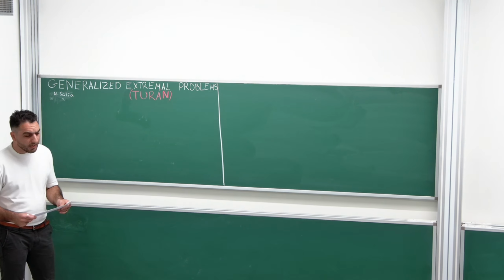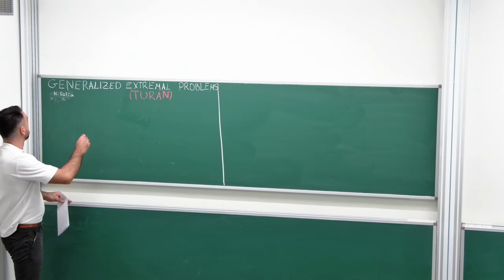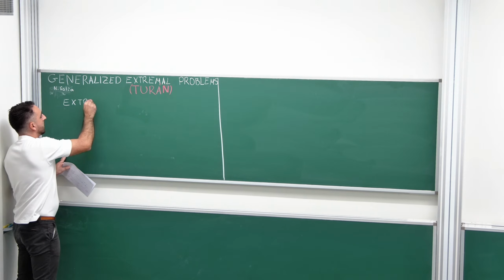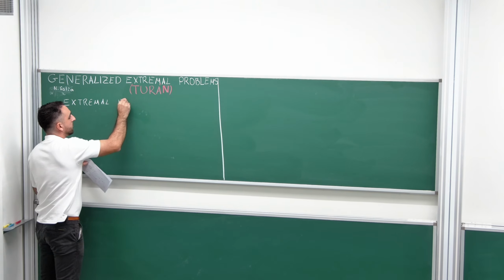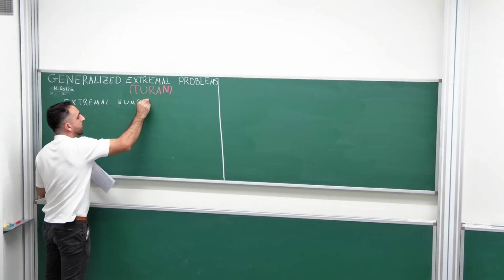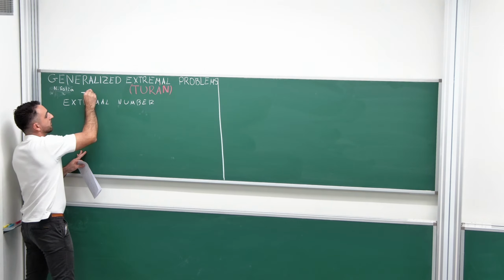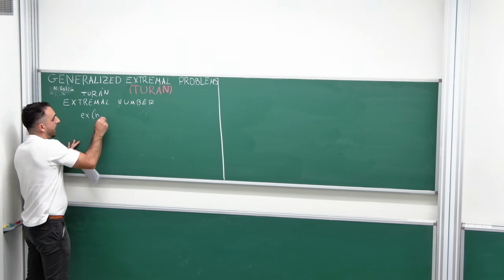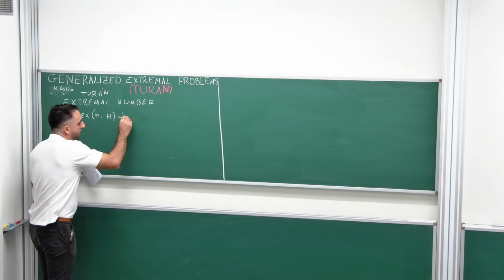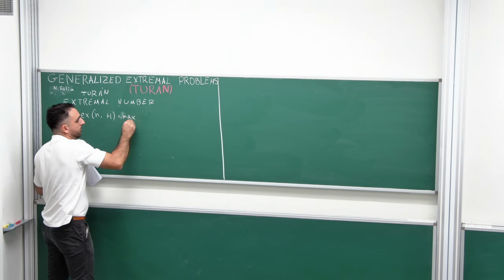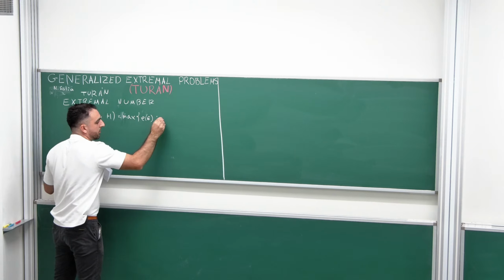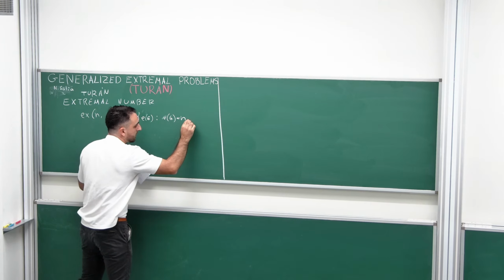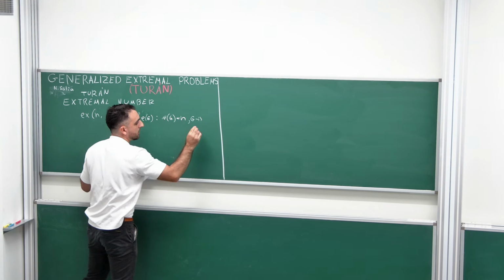Okay, so as you remember, last week we defined the extremal number, the so-called Turan number, which is denoted by ex(n,H), which is the maximum number of edges in a graph G with n vertices such that G is H-free.